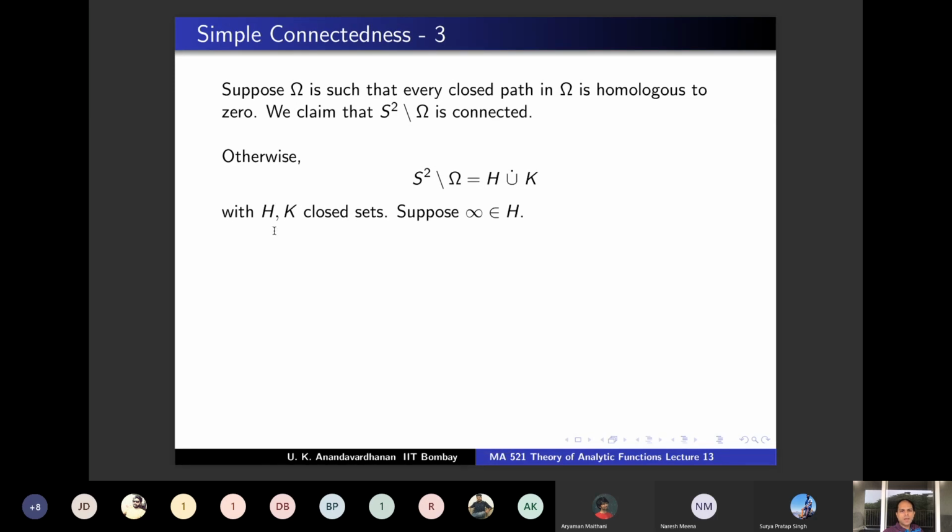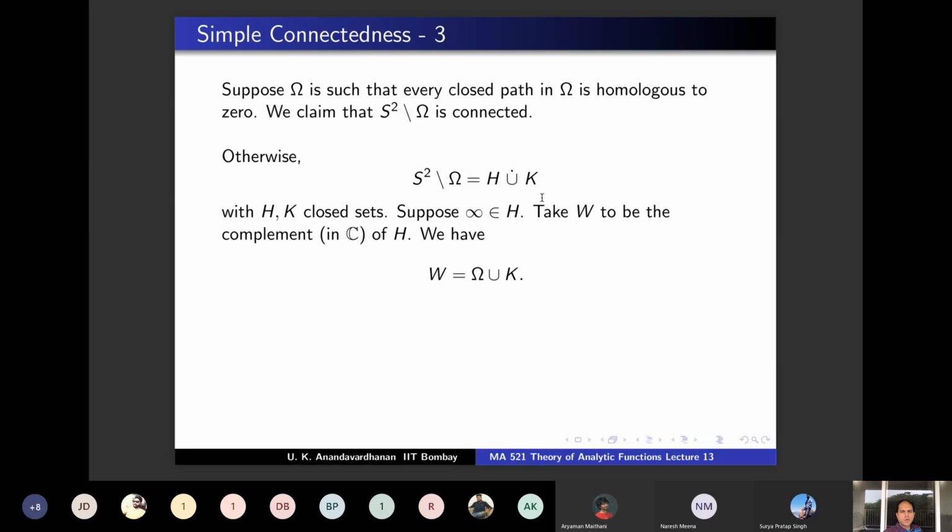Assume. Now you take W to be the complement in the plane of H. Okay, so H is the unbounded part, and you take the complement of H in C. In other words, you are writing W such that W is omega union K, right?